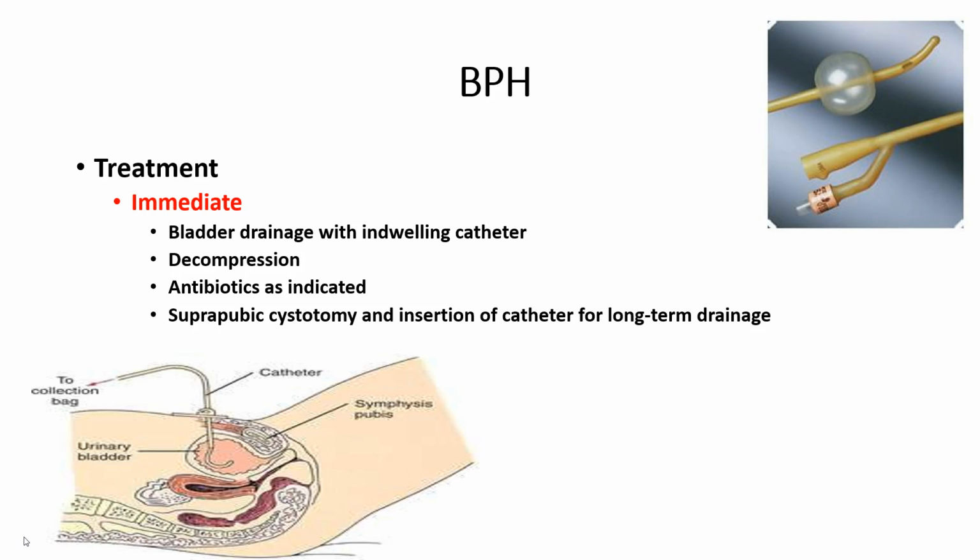Also, when it comes to conservative treatment, they may use medication to relax the smooth muscles of the prostate or the bladder neck. They may also use something to try to block the male hormone to prevent or shrink the growth of the prostate.